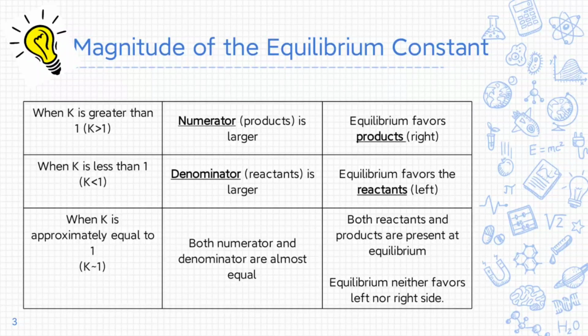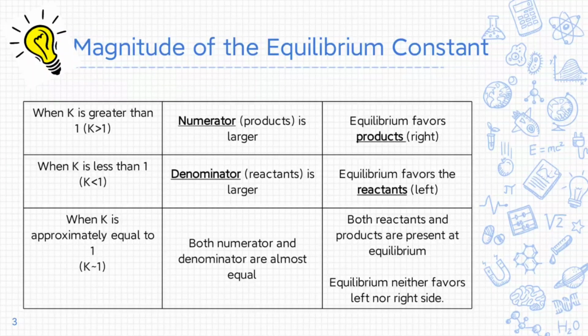And again, if you observe the numerator and the denominator value, kapag yung denominator mo or yung reactants yung nasa baba is pretty much larger, yung value niya is larger than your numerator, then you will have an idea that your equilibrium favors the left without computing yung equilibrium constant.